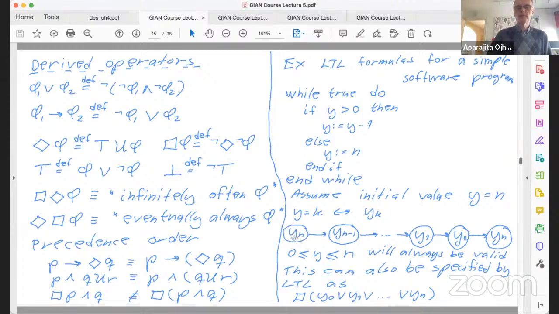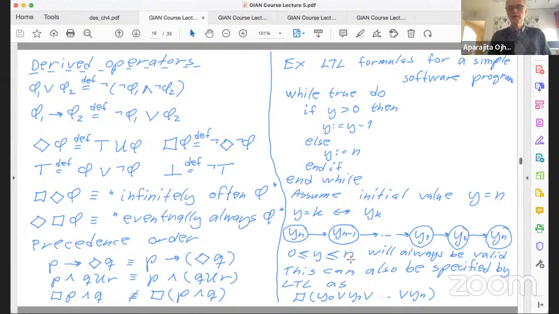Then within a state sequence, we can look at what happens with the variable: yn minus 1 until y1, and then y0, but when the value is 0, it's reset up to yn. Now we see that the value of y will always be between 0 and n.